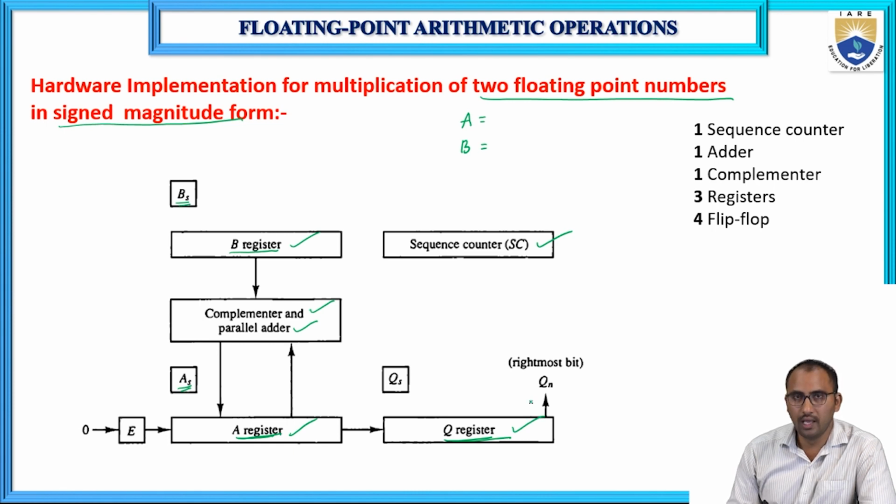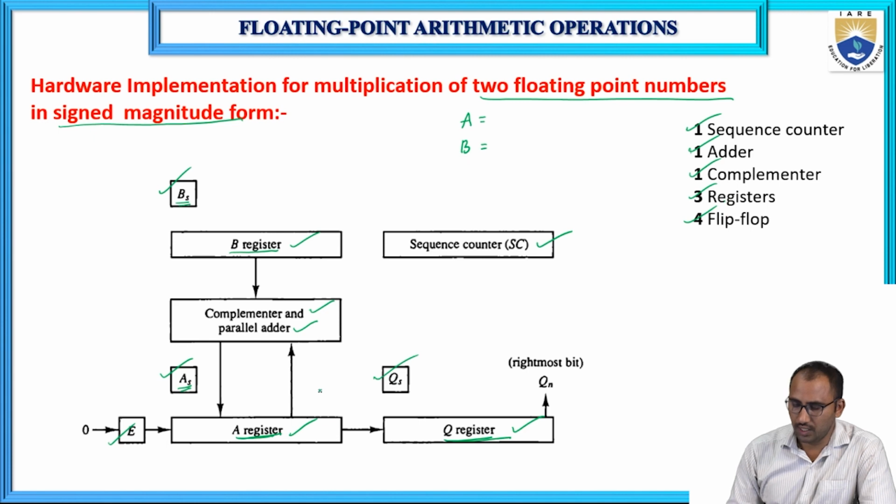So total 3 registers and 4 flip-flops in order to store the sign of the numbers. So this is one flip-flop, second flip-flop, third flip-flop, this is the fourth flip-flop. So this is the hardware we require: one sequence counter, one parallel adder, one complementer, 3 registers, and 4 flip-flops.